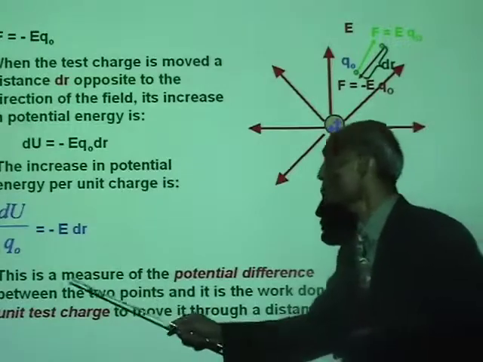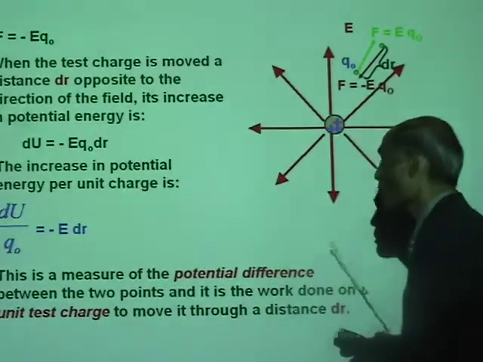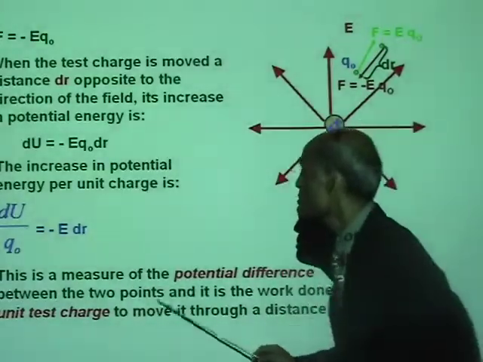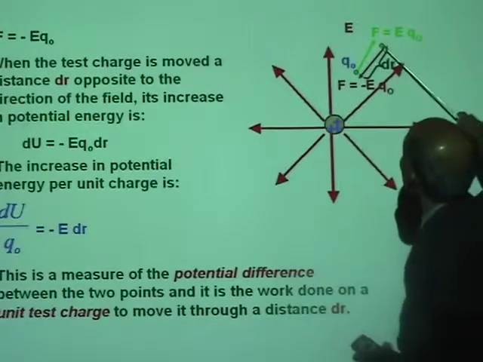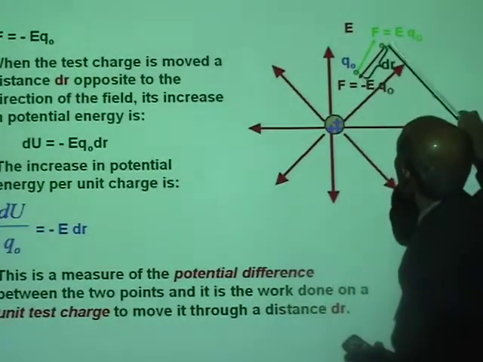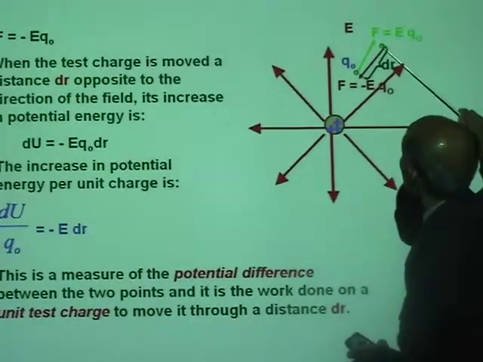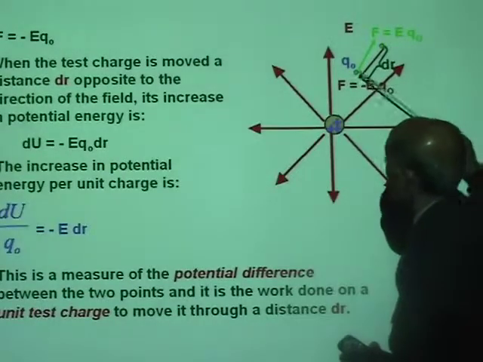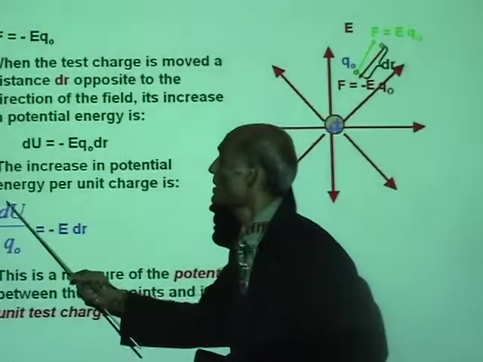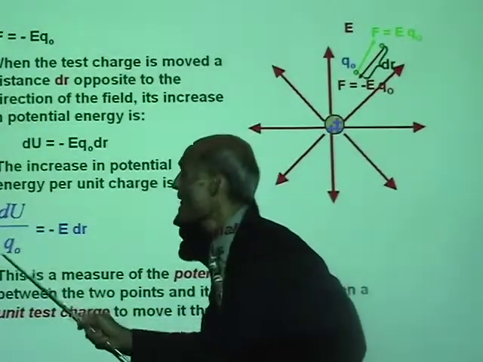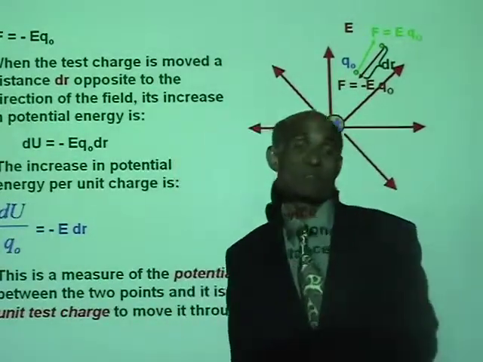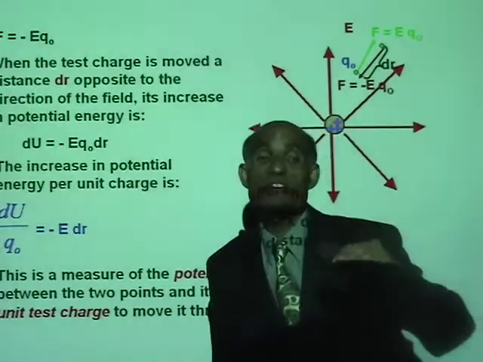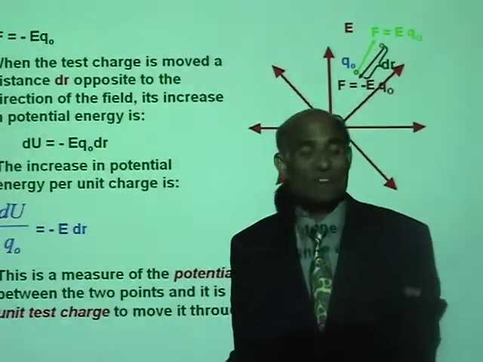Now, this is a measure of the potential difference between the 2 points. You see, this is the distance dr. Originally, the test charge is here, and now it's been moved and kept here. This quantity, dU divided by Q0, in other words, it is potential energy per unit charge.